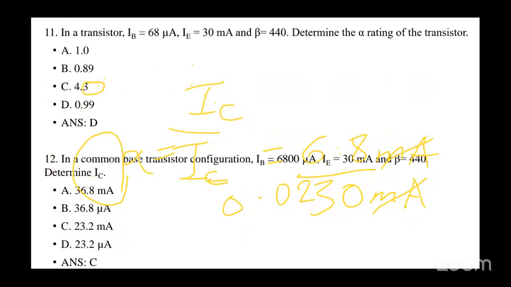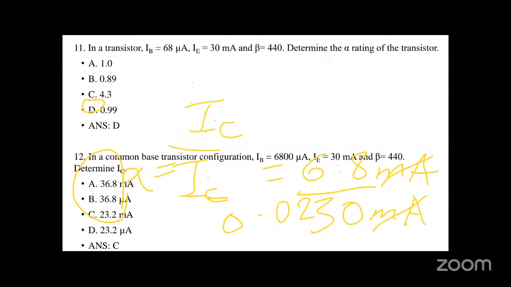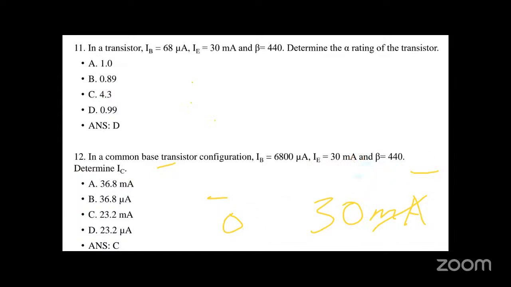So move on to the next question. Here we are given, in a transistor, IB, that is the current flowing through the base.